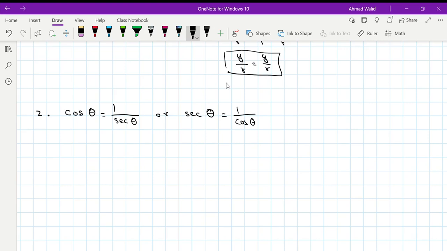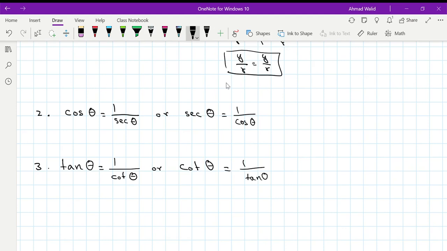Last one, tangent theta. The reciprocal of tangent was cotangent. Then you can write tangent theta equals 1 over cotangent theta, or the other way, cotangent theta equals 1 over tangent theta.